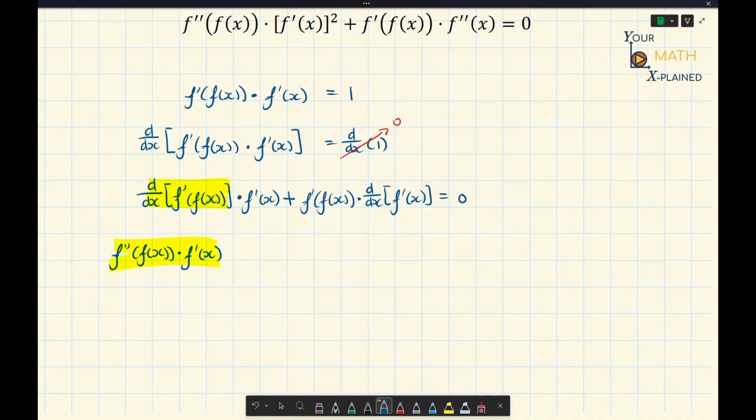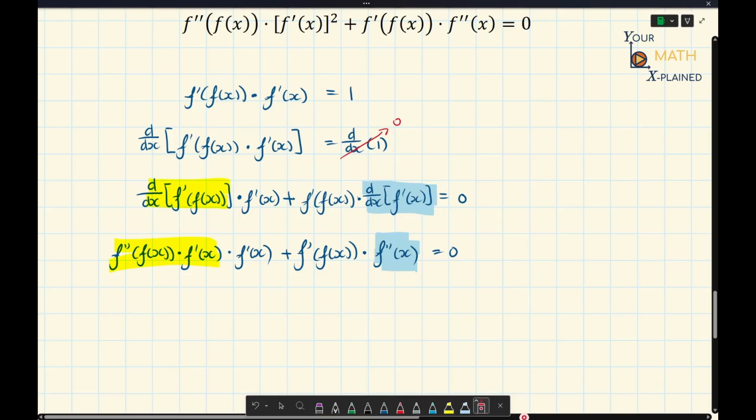And then we multiply this by f prime of x, which is just us copying this part down. And then we add f prime of f of x multiplied by, now the derivative of f prime of x is just going to be f double prime of x. So that's that part. And this is equal to 0. And now the last part is just to simplify.